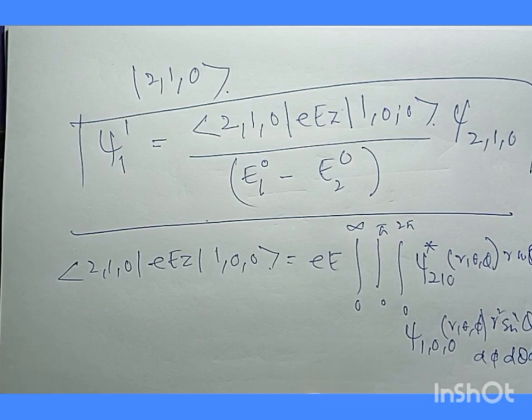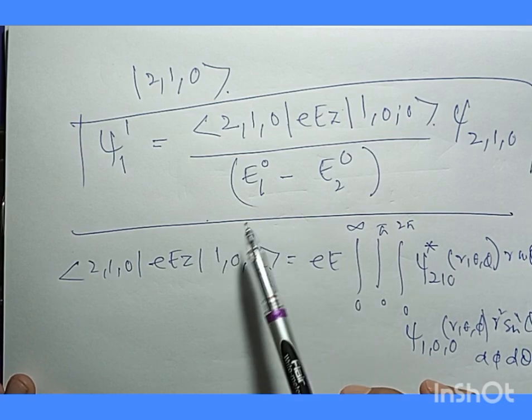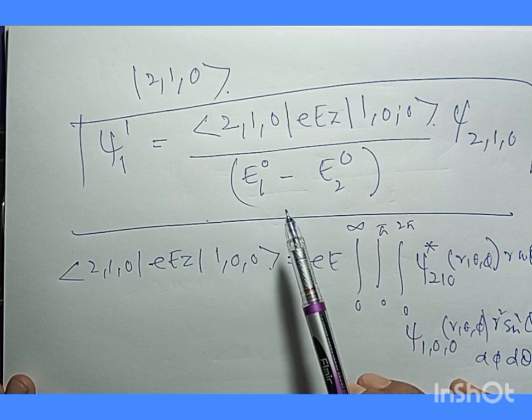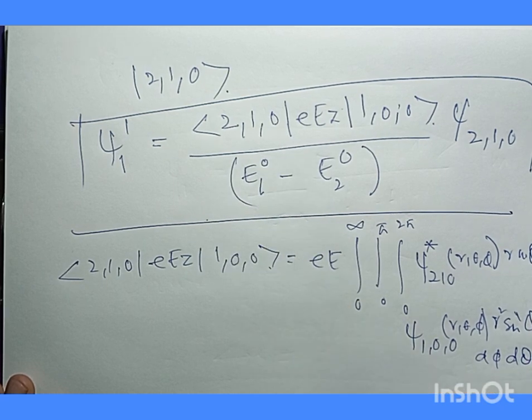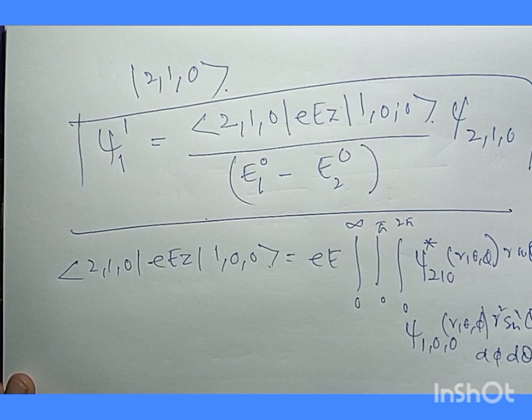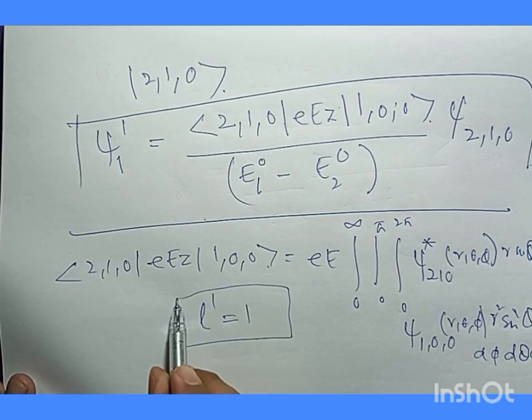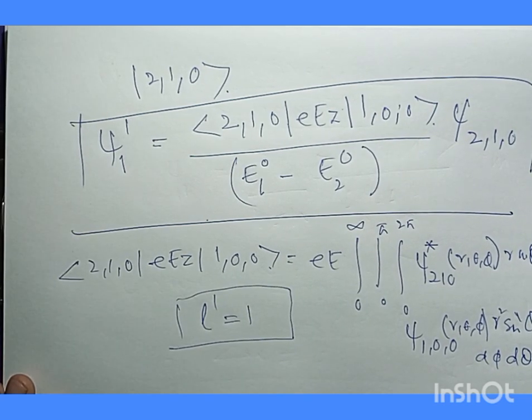So this will be our matrix element, in which you have a transition, and your system is in an excited state of 2, 1, and 0. Now, the angular part of this integral can be evaluated using spherical harmonics, and the selection rule ensures that the integral is non-zero only for L dash equal to 1. For all other terms, this whole integral dies out.